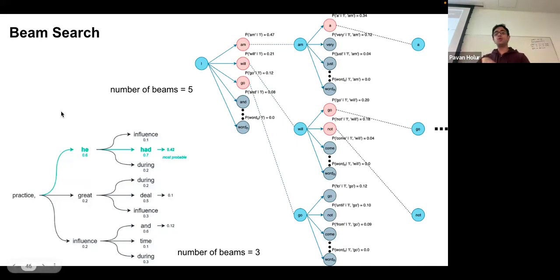And then using the total likelihood of both the tokens, I make a step now. So using the fact that he is of high probability and had is of high probability, I can multiply the two probabilities and say, okay, the best path through both the beam steps, he had, has the highest, most probable chance of being generated. So for now, I will generate he and then move ahead. Does that make sense?